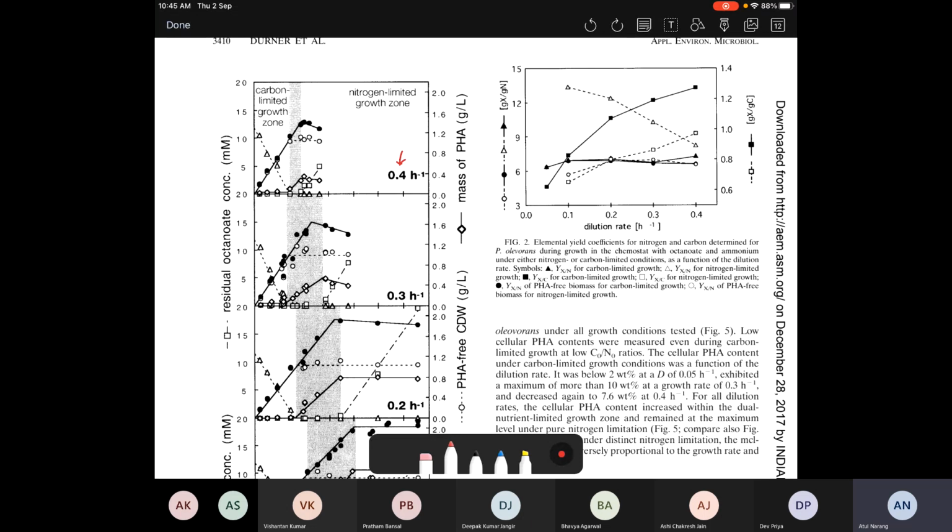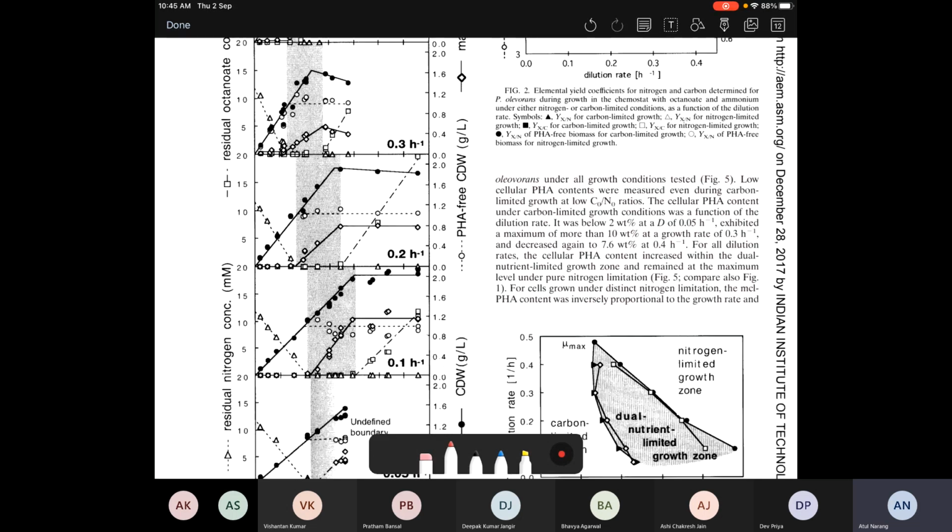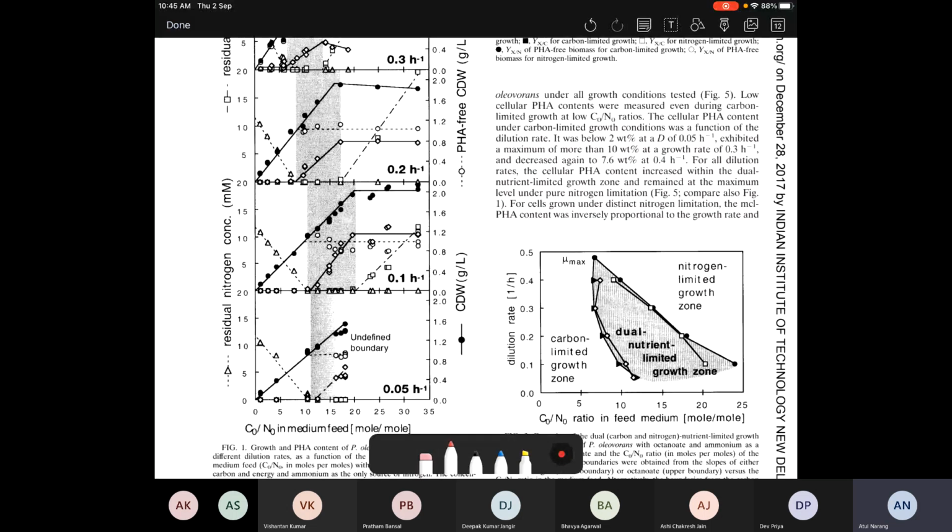The dilution rate is fixed at 0.4, and on the x-axis he's showing you the concentration of carbon in the feed. Actually, what he's showing is the carbon to nitrogen ratio in the medium feed, so the ratio of, say, glucose to ammonia. But since the concentration of ammonia is fixed, effectively you are keeping the nitrogen concentration fixed, and the experiment is performed at progressively higher concentrations of carbon in the feed.